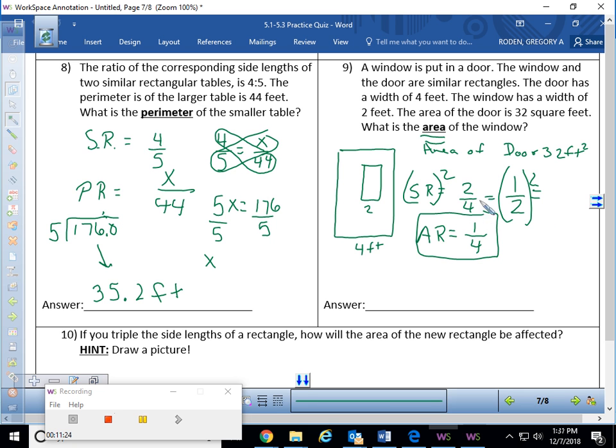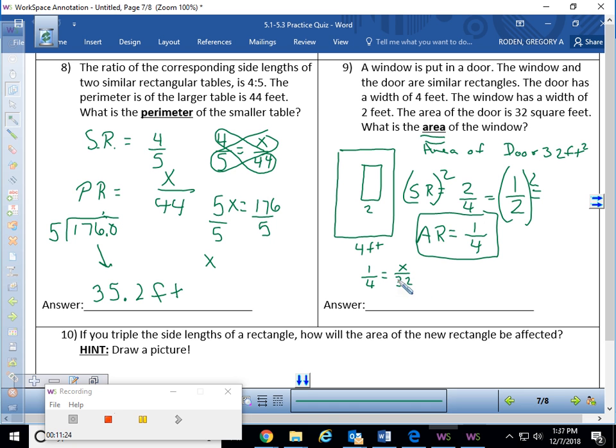Now, I'm not done because I actually need to find the area of the window. So let's do this. It looks like we have window over door, so we could write a proportion. 1/4, that's my area ratio, is equal to the window, which we don't know, is X, over the door, which we do know is 32.